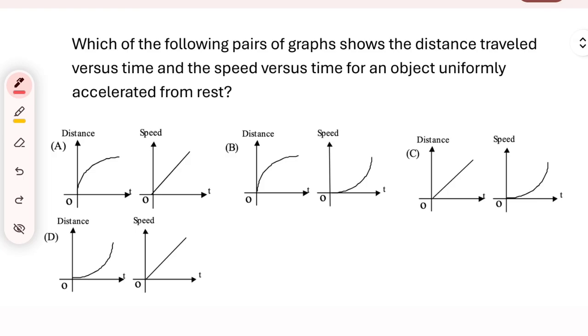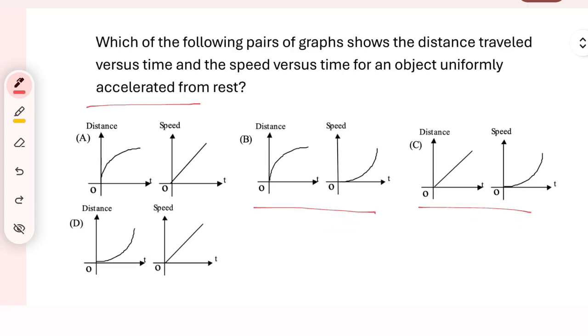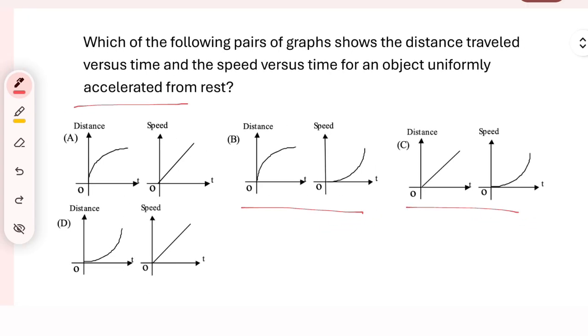So we have A. For A, for example, these are the distance and the speed graphs. This is for B. This is for C, for distance and speed. And lastly, we have D. Which of these four choices would give us the right illustration based on the given?